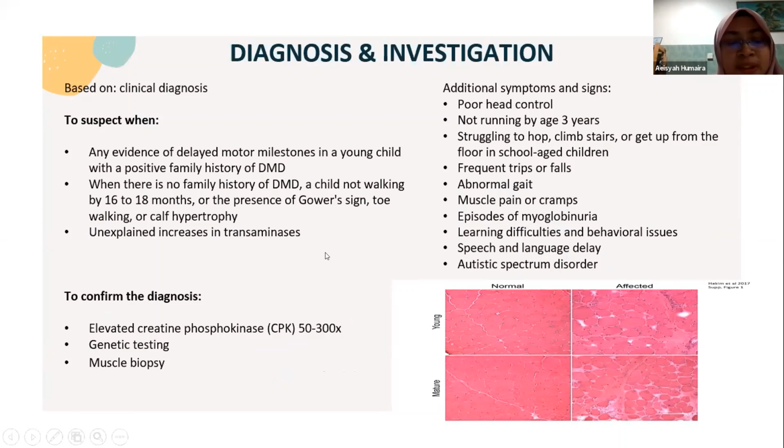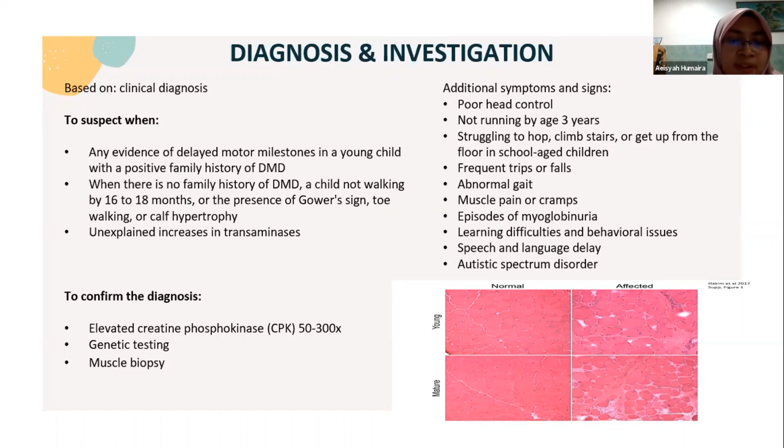To confirm the diagnosis, we need to check for elevated creatine phosphokinase, because if the creatine phosphokinase is normal, it is unlikely to be Duchenne muscular dystrophy or Becker muscular dystrophy.